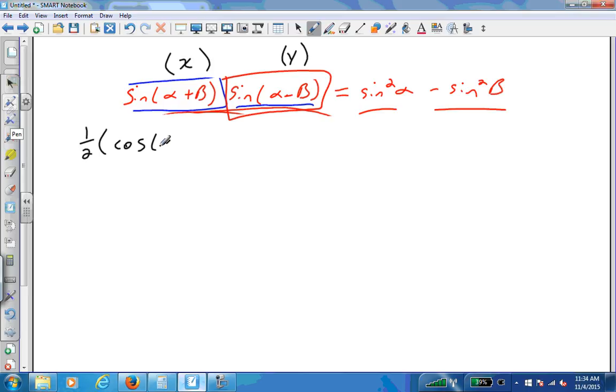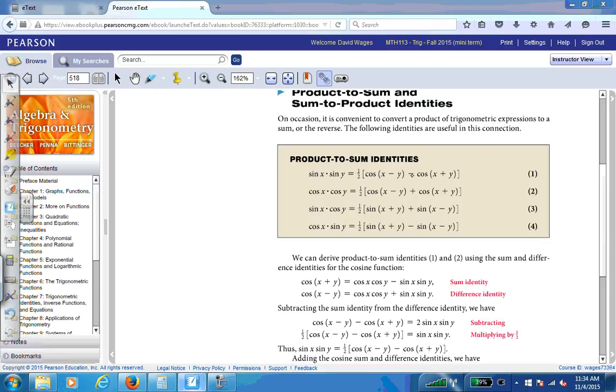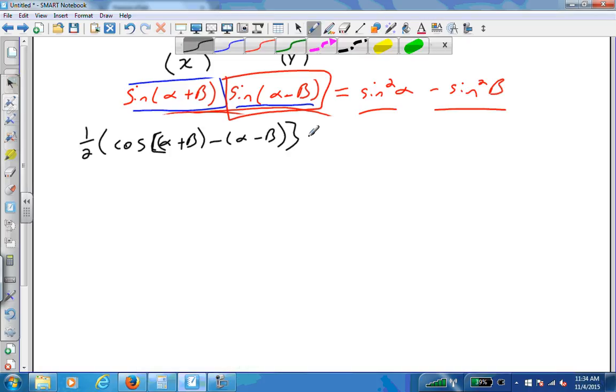So subtract those angles, alpha plus beta minus alpha minus beta. Then minus cosine of the angles added together. So minus cosine of those angles added together.